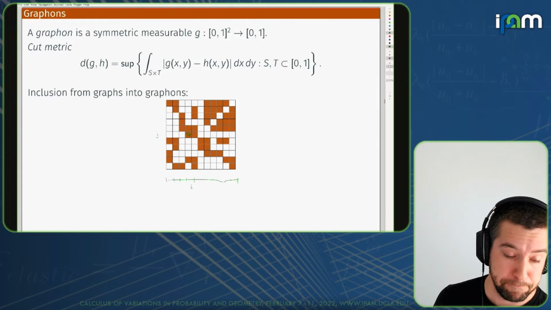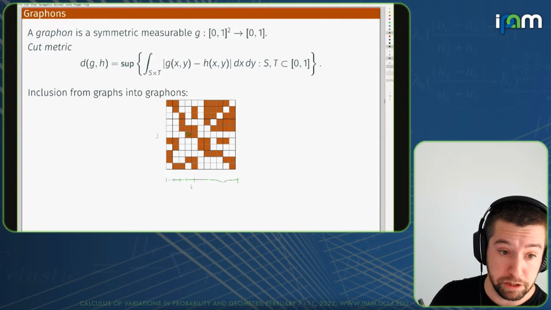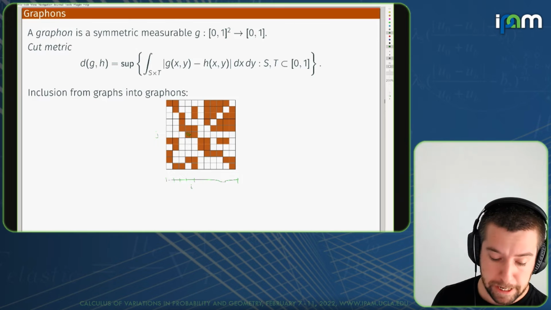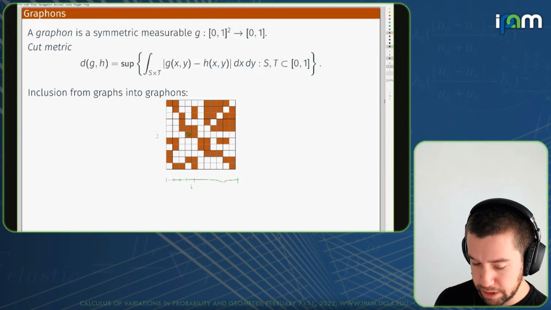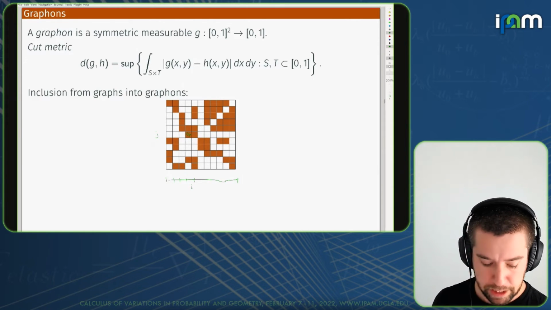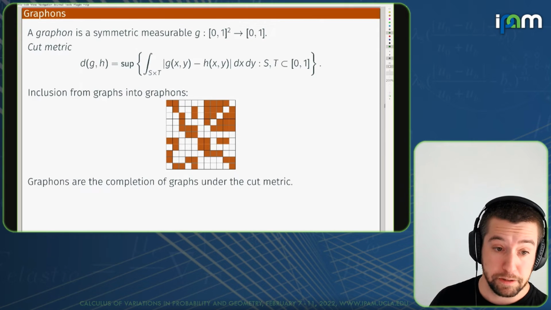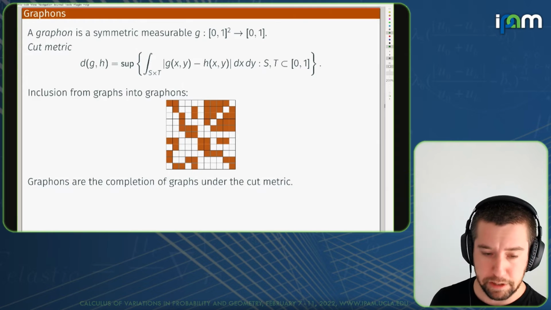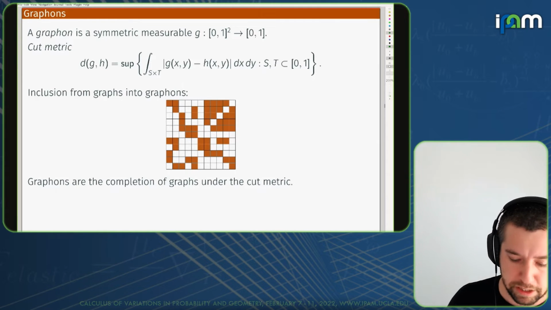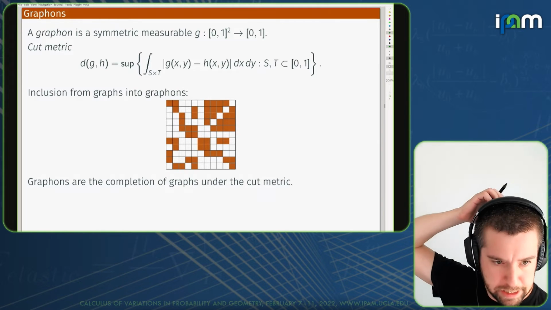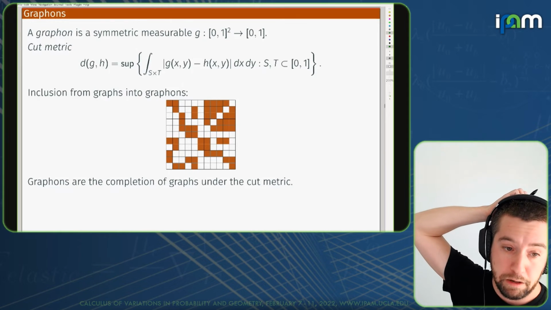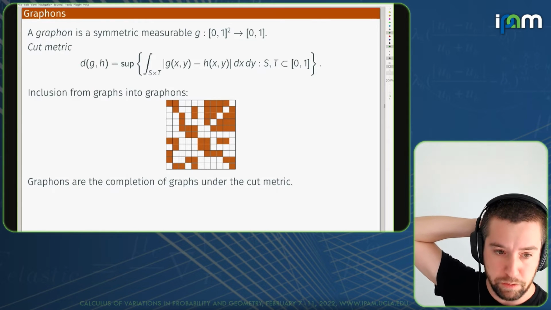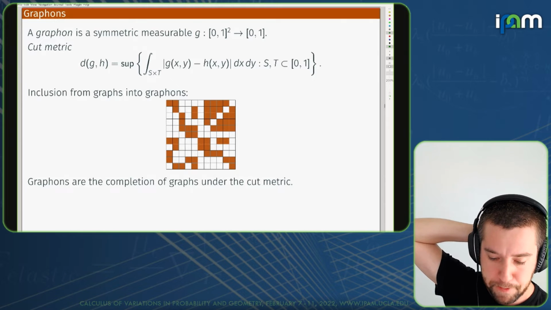This makes it a symmetric function because my graphs are undirected. So it's an inclusion of graphs into graphons. And the whole point is that graphons are the completion of the image of graphs in this way under the cut metric. So this way of introducing graphons is like saying, I want to work with the completion under an appropriate topology instead of working with the original discrete objects.